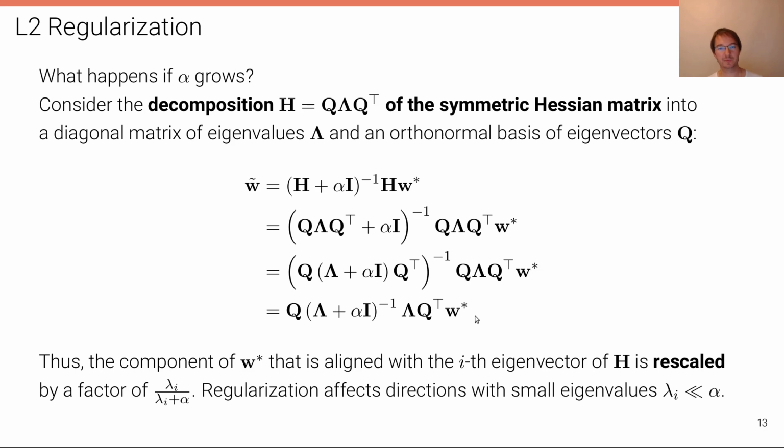Now, what happens if alpha grows instead? If it grows to large values. In order to get a better understanding of this, we're going to apply the eigenvalue decomposition on the Hessian matrix H. The Hessian matrix is a symmetric matrix of real values because, due to Schwarz's theorem, we can swap the partial derivatives of each element in that matrix, which means that the matrix becomes symmetric.